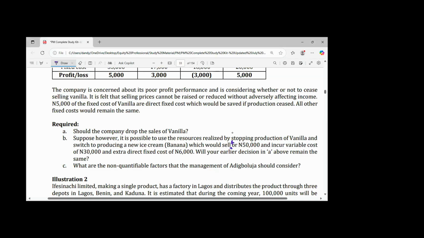Will your earlier decision in A above remain the same? What are the non-quantifiable factors that the management of Adebolucha should consider?